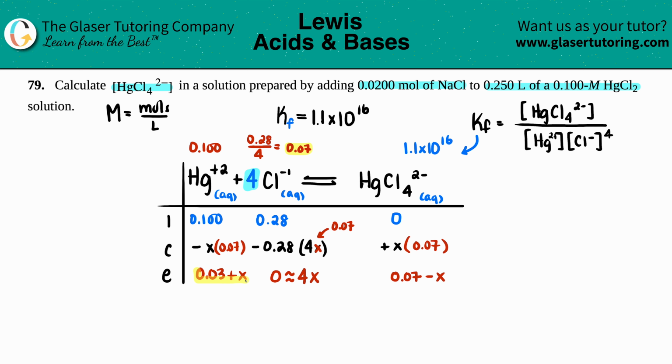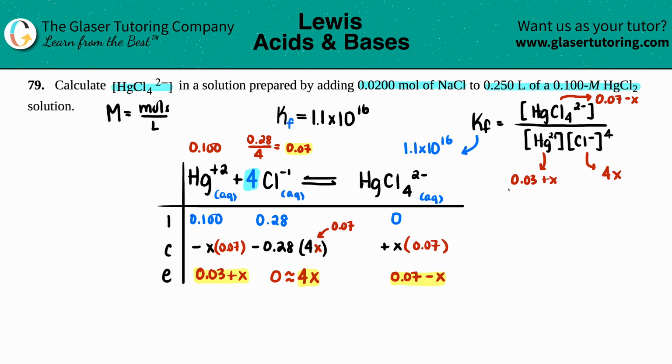Now these are the values that we will be bringing into our equilibrium equation. So the complex ion on the top is going to be 0.07 minus x. The Hg is going to be the 0.03 plus x. And the Cl-, which is very, very close to 0, but we have to classify it as a variable, 4x. But now whenever you have pluses and minuses with numbers, that's when you do the quadratic equation.